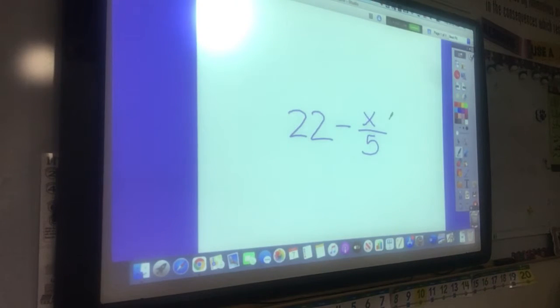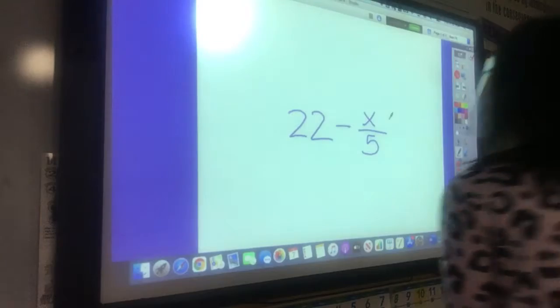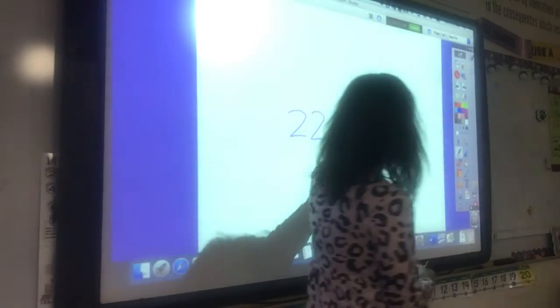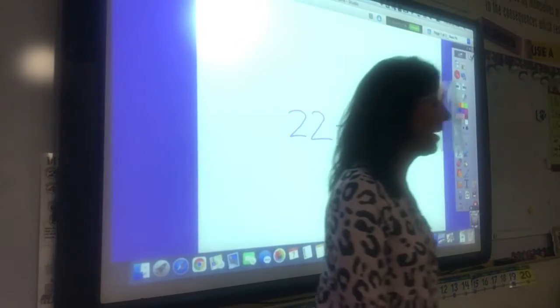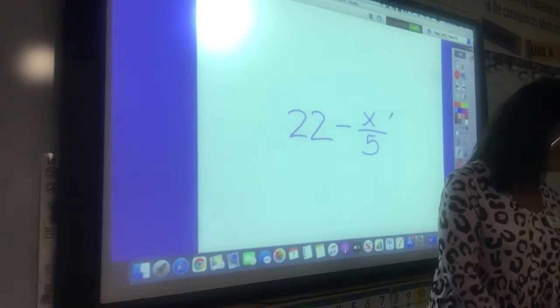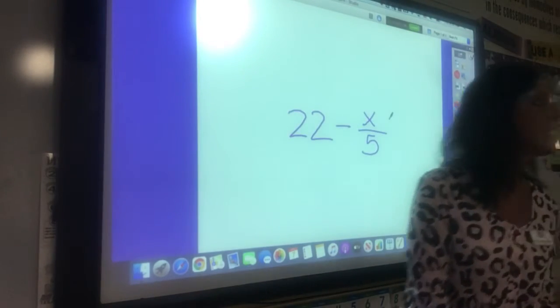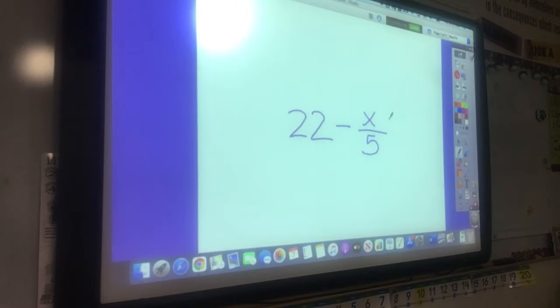So we're putting 20 in here. Figure out what that is, and you're going to have 22 minus that answer. Mason? 18. 18 is correct. You should have 22 minus 4, because 20 divided by 5 is 4.